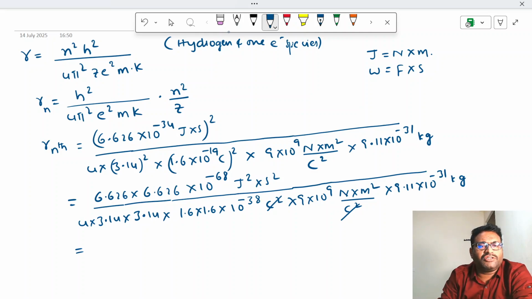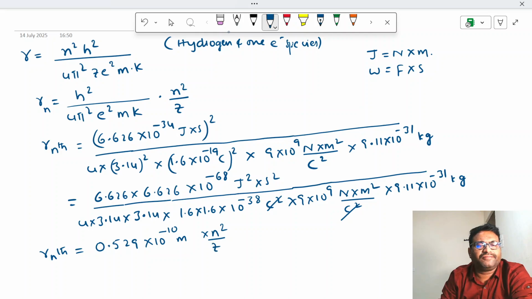So on substituting all these values, what you get is the Bohr orbit radius equal to 0.529 into 10 power minus 10 meters into n square by Z. And we know that 1 angstrom unit is equal to 10 power minus 8 centimeter, that is equal to 10 power minus 10 meter.